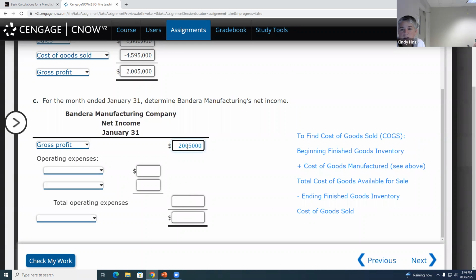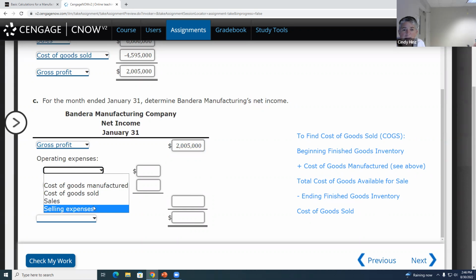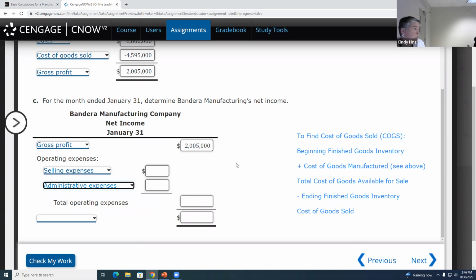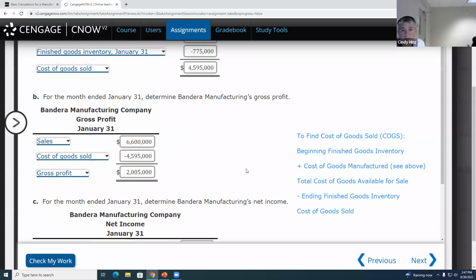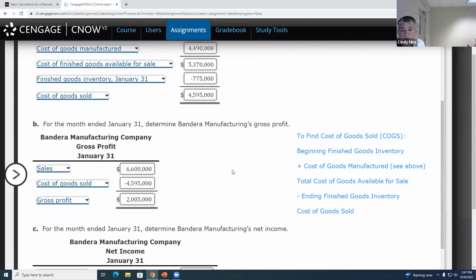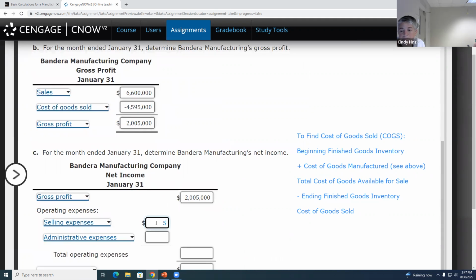We can finish up the bottom part of their income statement by including their operating expenses, those period expenses, selling, general, and administrative expenses, and those are given up here as well.